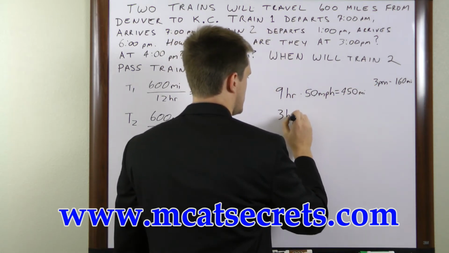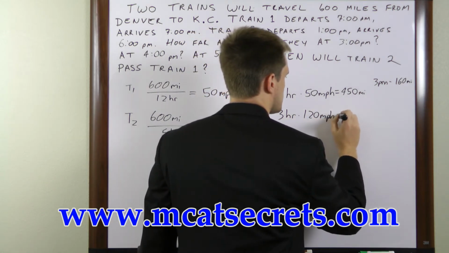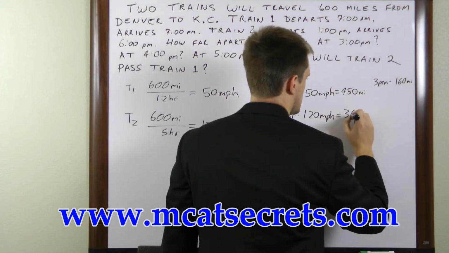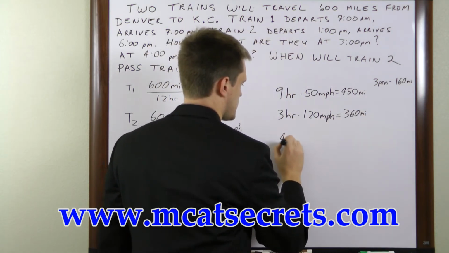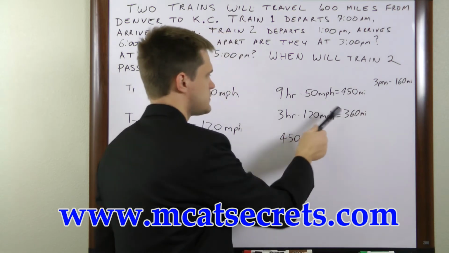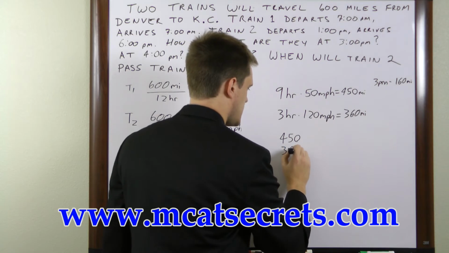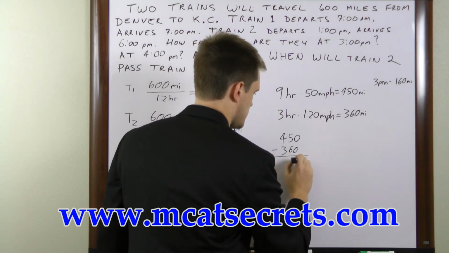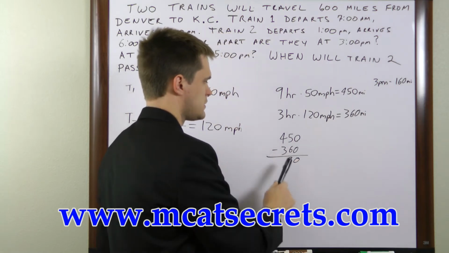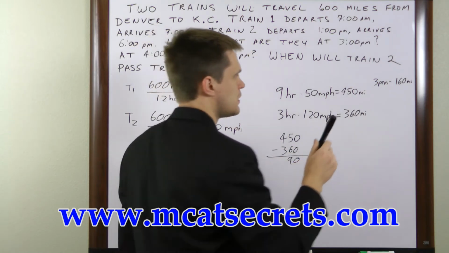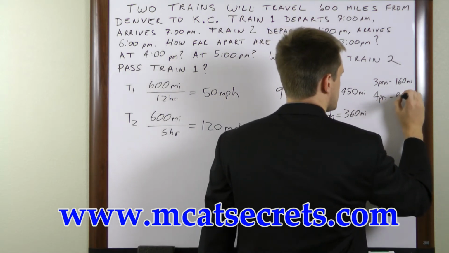And then 3 hours at 120 miles per hour, and that is 360 miles. So we'll subtract these 2 numbers to find the distance between them. So 450 minus 360 gives us 90 miles. So at 4 p.m., these 2 trains are going to be 90 miles apart.